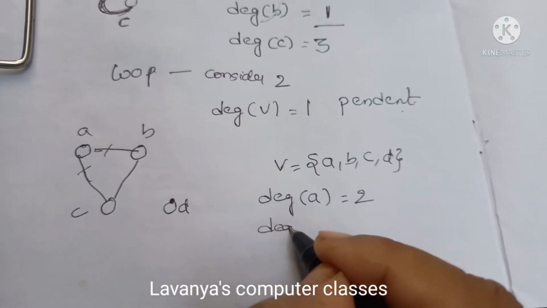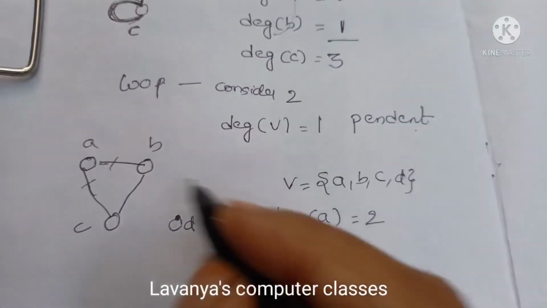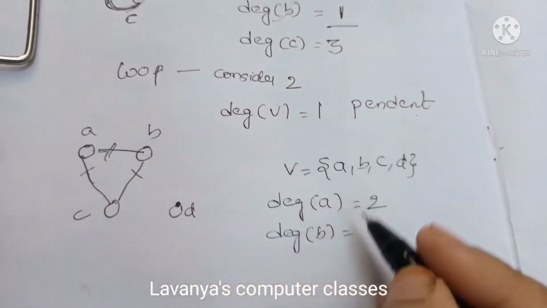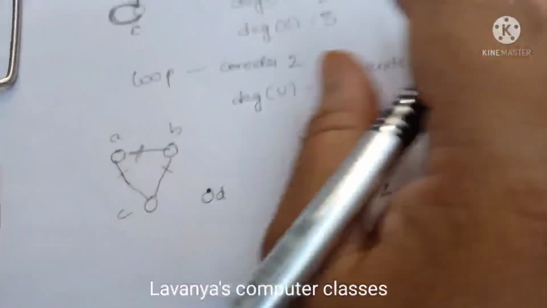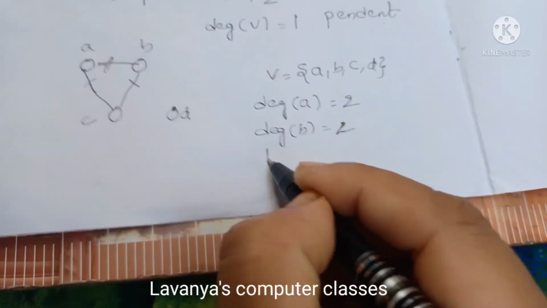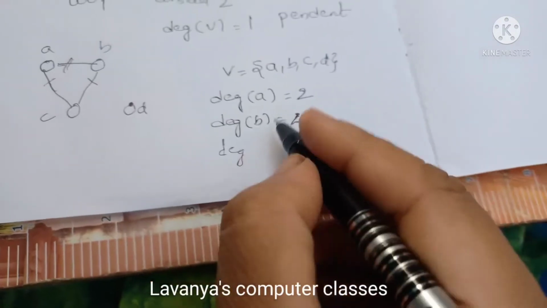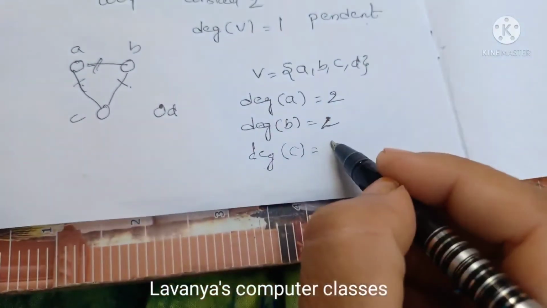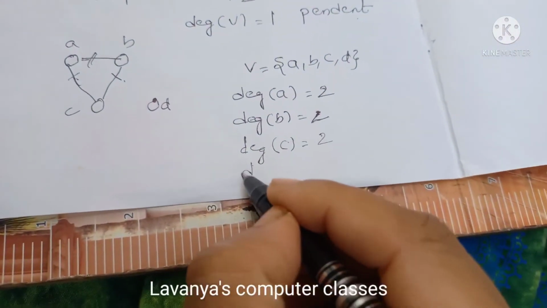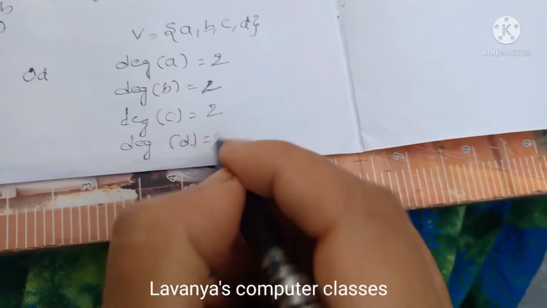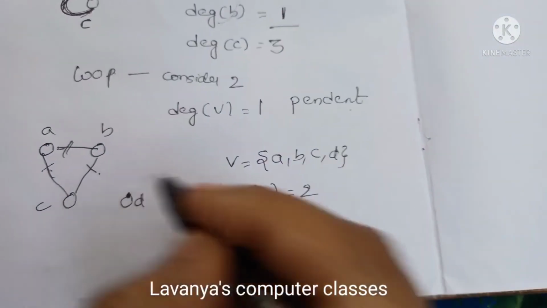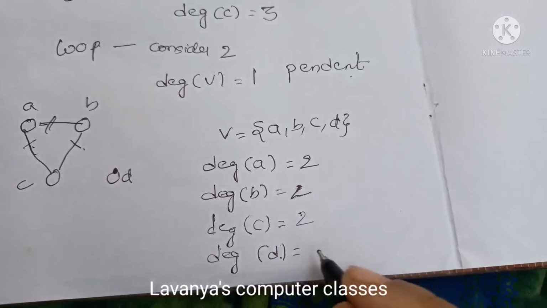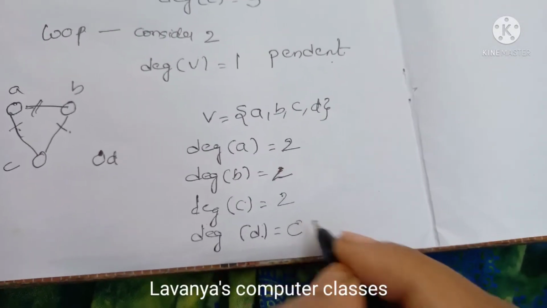Similarly, degree of B is 2, and degree of C is also 2, with one edge here and one edge here. Degree of D means there is no edge, it is totally separate from that graph. So, degree of D is equal to 0.